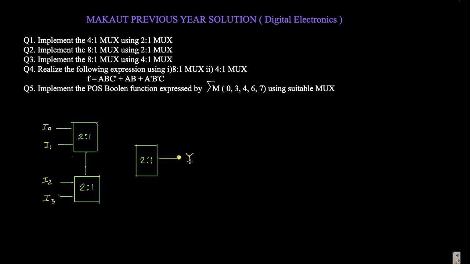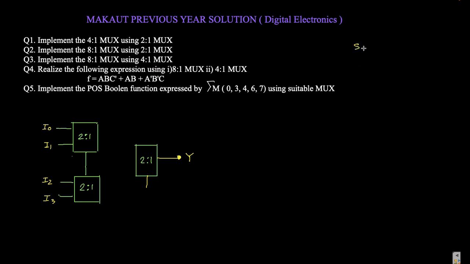And this is your output Y. Now if you draw the truth table for it, the select lines should be S1 and S0, because there are 2 select lines. How do you choose which one is S1 and which one is S0?